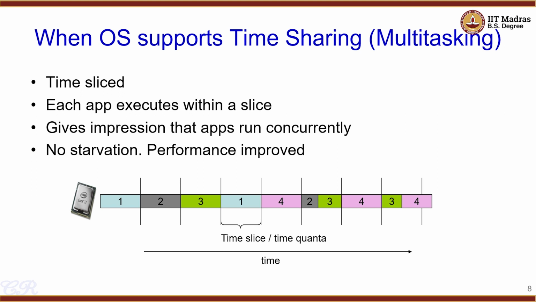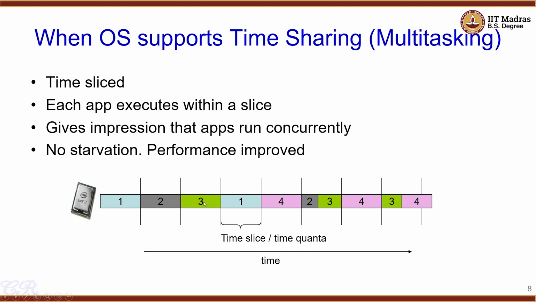So even if we have something like a while 1, an endless loop, it does not starve the other application, because the while 1 loop would only execute for a few quanta, say here for some time, and then subsequently for another time quanta and so on.